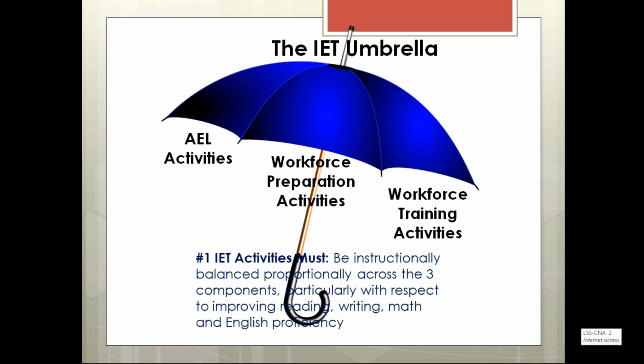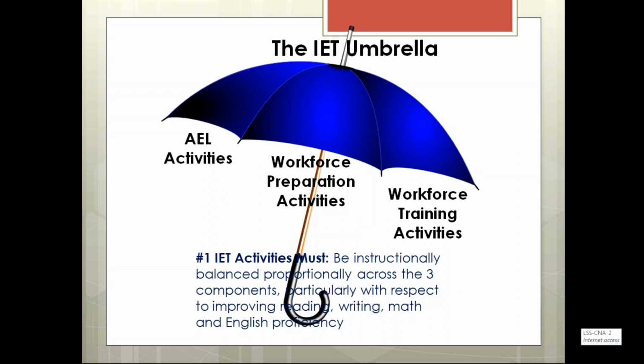Here's just a reiteration of the 3 key points that we have to keep in mind with an IET program or an IELCE program. IET activities, point number 1, must be instructionally balanced proportionately across the 3 components, and it really is emphasized that these are balanced particularly with respect to improving reading, writing, math, and English proficiency.